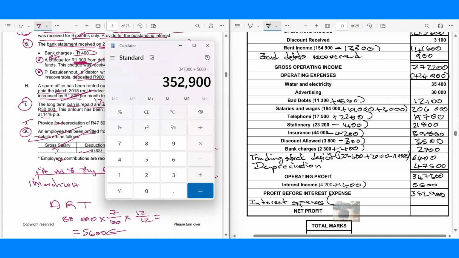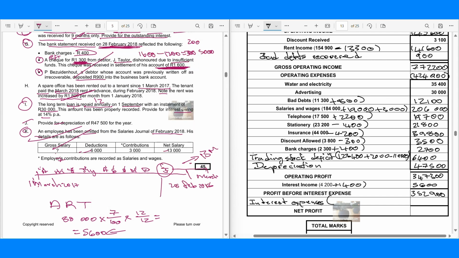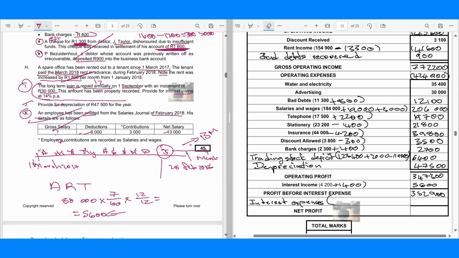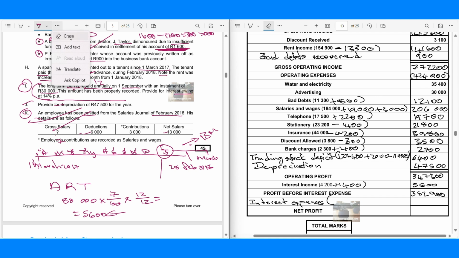Let me do this, 30,000 times 14. We are going to get this, but this is not what you are going to use. So as I was saying, all right, let's do our loan.